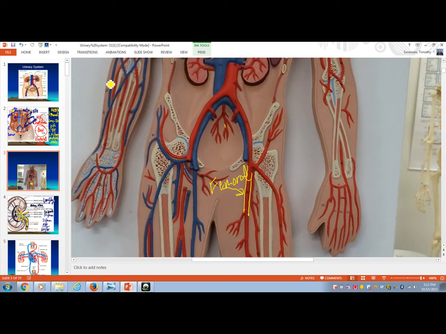Femoral, femur. And then as you move down the leg, and again, these are bilateral, so you've got a left and right femoral artery.